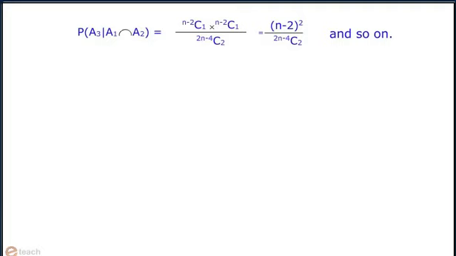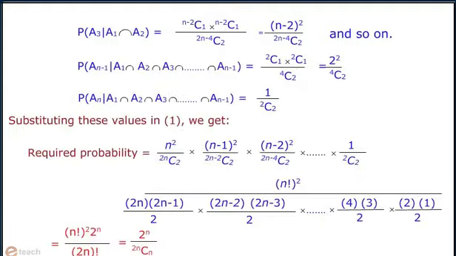Similarly, probability of A3 given A1 intersection A2 equals (n minus 2) whole square divided by (2n minus 4) C2, and so on. Substituting these values in equation 1, we get the required probability as 2 to the power n divided by 2n Cn.